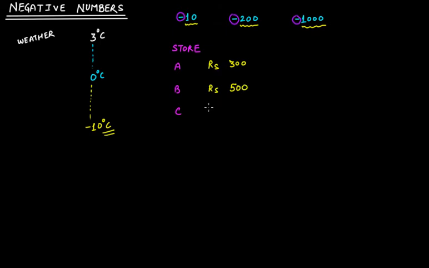The price of item C is, say, rupees 200. Okay. Now, you go to the shopkeeper, and this is the time when you have to pay. So the shopkeeper tells you that you have to pay rupees 1000, because if you add these numbers, it comes to rupees 1000.